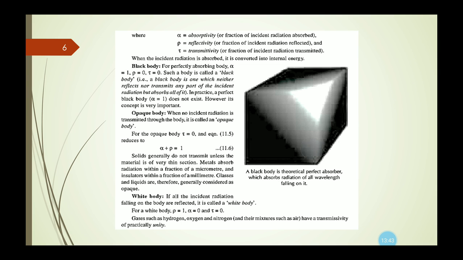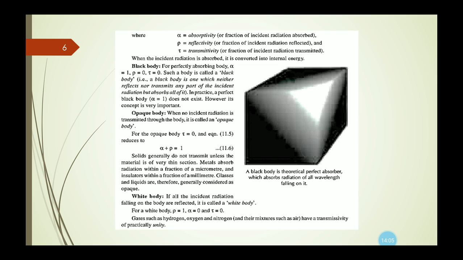Next, opaque body. When no incident radiation is transmitted through the body, it is called an opaque body. So that means there is no transmissivity, tau equals 0. So alpha plus rho equals 1.